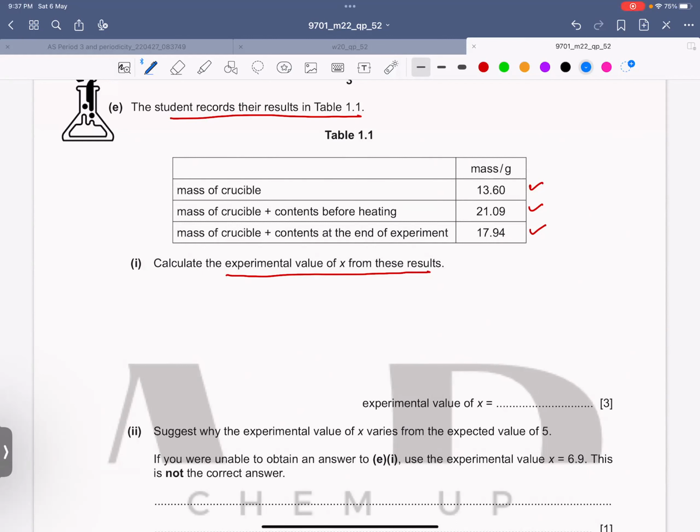So the mass of hydrated copper 2 sulfate would be equal to 21.09 minus 13.60.